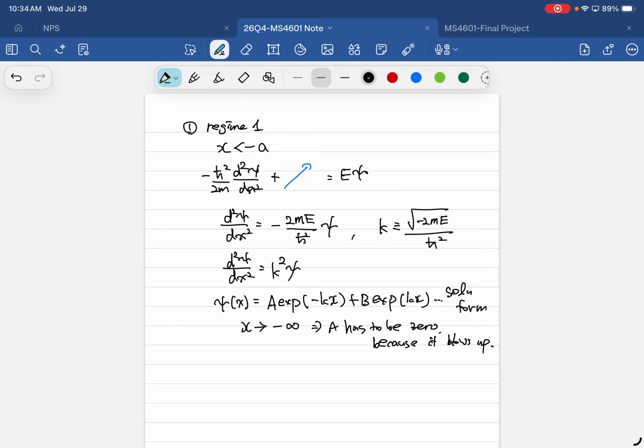That means we are going to have some probability value even in region 1. Does it make sense? This is a big difference between the infinite potential well and the finite potential well. In the infinite potential well, what was the probability of finding the matter outside of the wall? 0, right? But in this case, we are going to deal with some probability. We are going to come back and talk about it.